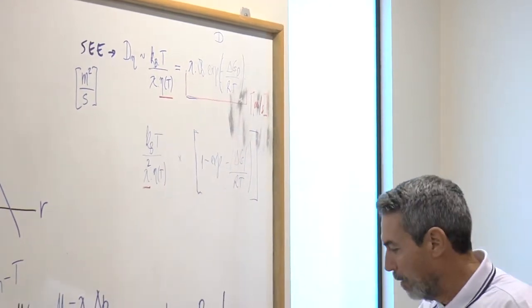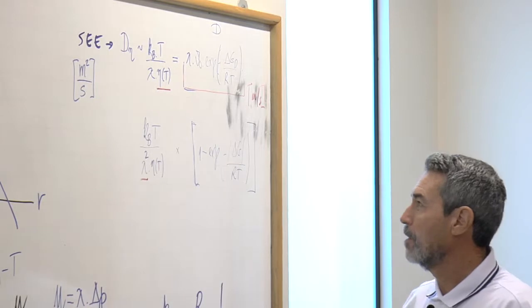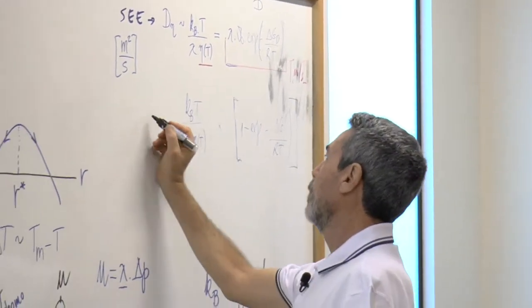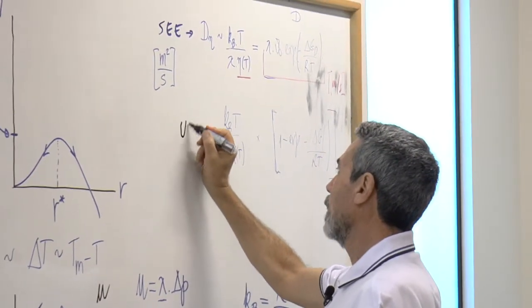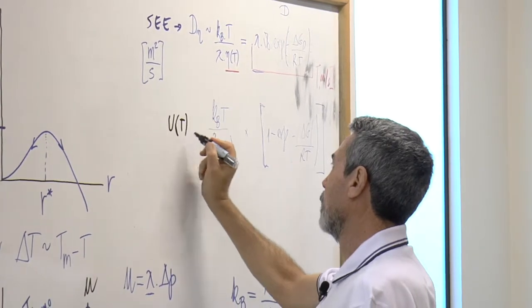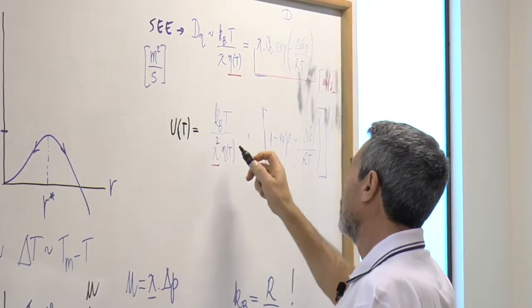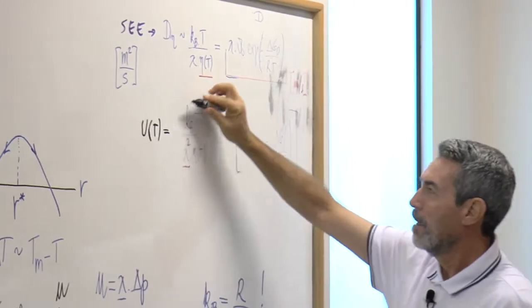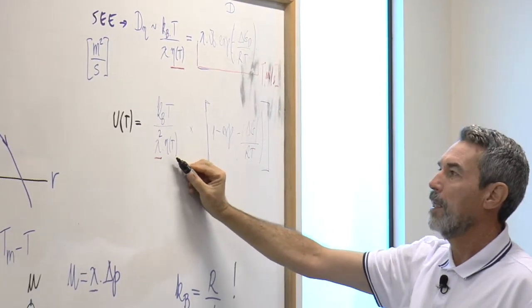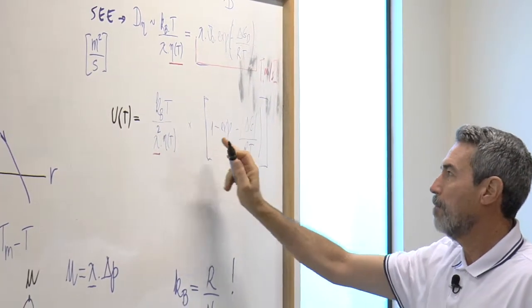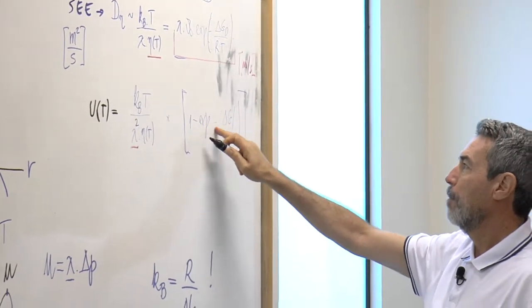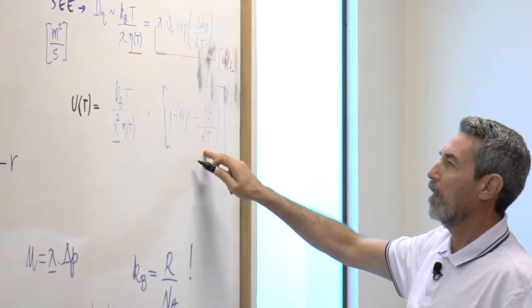So our final expression for U as a function of temperature will be equal to kT over lambda squared eta times 1 minus exp of minus delta G over RT.